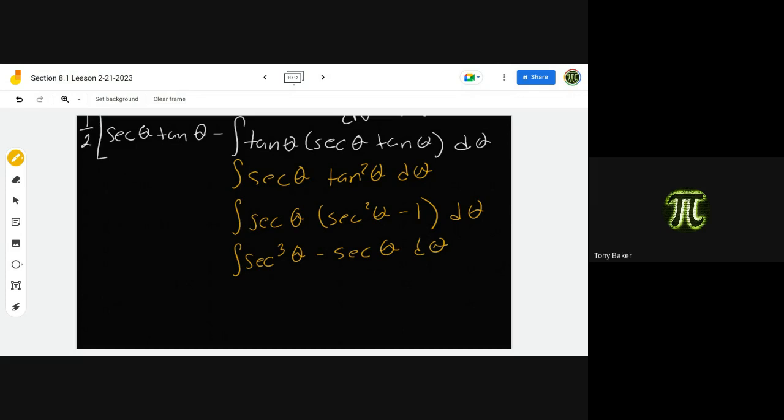I can pull that over to the other side and then divide the whole problem by it, like I did with the e's and stuff like that. And then I just have to deal with this integral of the secant. That's just a rule. Okay? So that's going to save me some work.